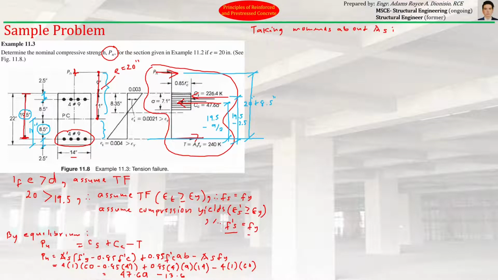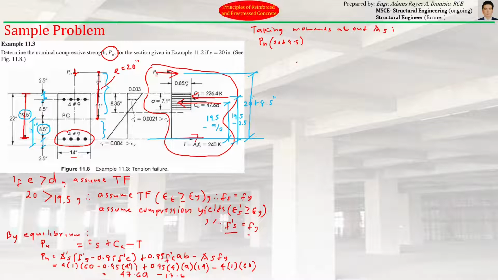Okay. So, to clarify things, moment muna natin yung PN sa AS. PN times the moment arm na 20 plus 8.5. So, I hope clear yung pagkuha ng distance. So, nasa figure lang din naman yan. So, clockwise yun, that must be balanced by the counterclockwise moments. So, minus na to.